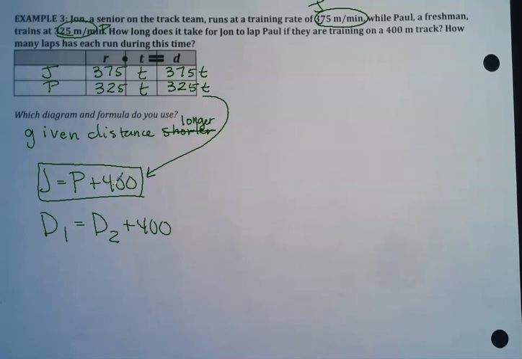So how are we going to set up our equation? 375T, John's distance, equals Paul's distance, 325T plus 400. In order for Paul's distance to be equal to John's, we take his distance plus the 400 that he didn't run, to make them equal.